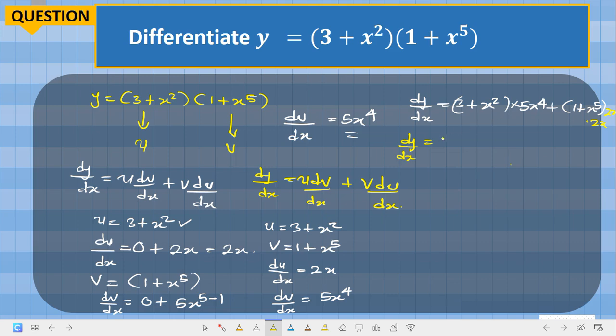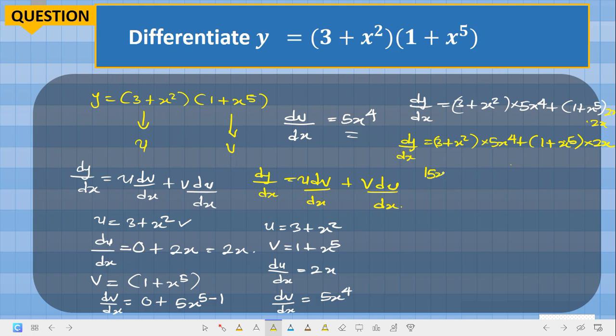now you can decide to open through with this. Let me rewrite it again. This is 3 plus s square, times 5s raised to the power of 4, plus 1 plus s raised to the power of 5 times 2s. Use this to open through the bracket. What are you going to have?